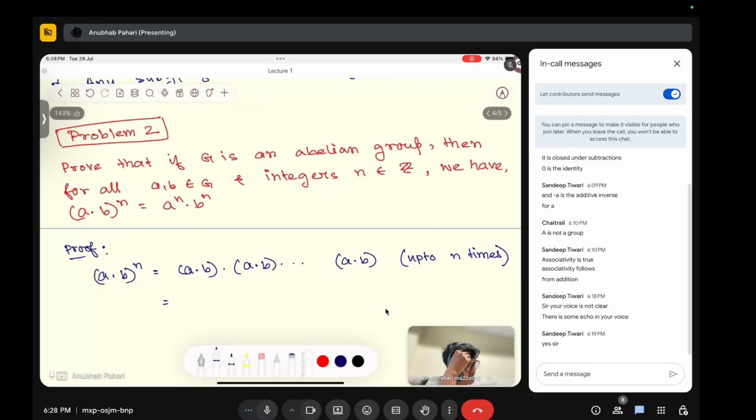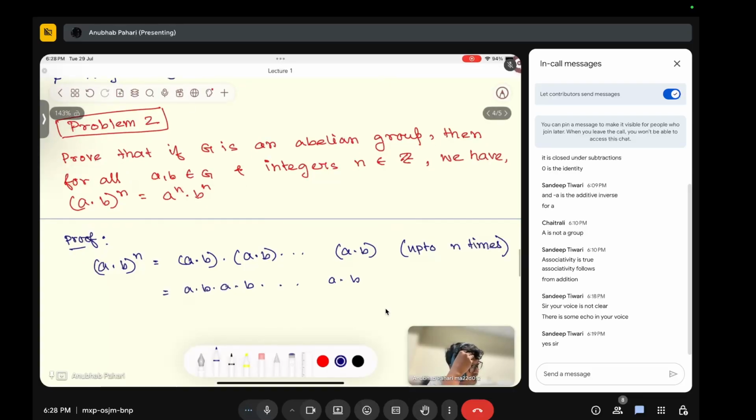Now you just take this part and fix this part, and using associativity in a consecutive way, you can forget all the brackets and write it down like this. Now, as the group is abelian, you can take this part and write it as this.